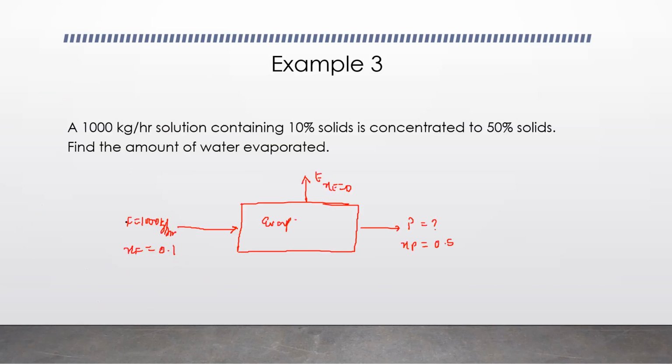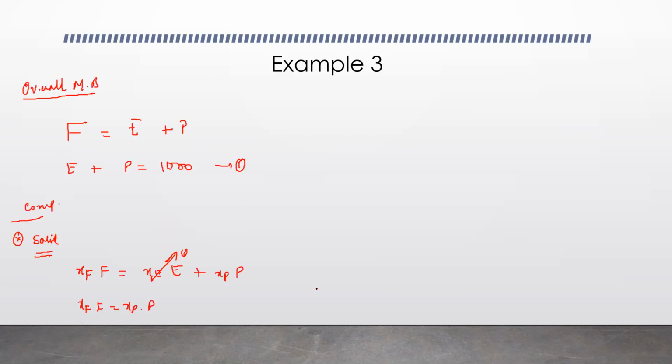Now XF they have given to be 0.1 and XP 0.5. Therefore we get P is equal to XF F upon XP, that is 0.1 into 1000 upon 0.5, that is 200.